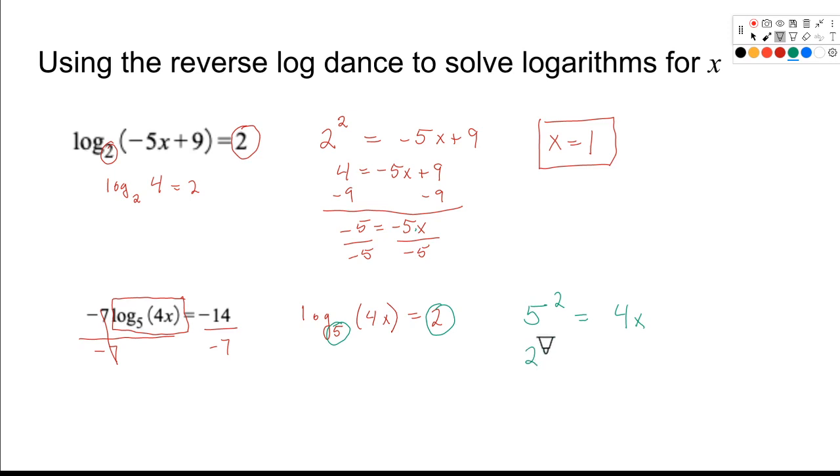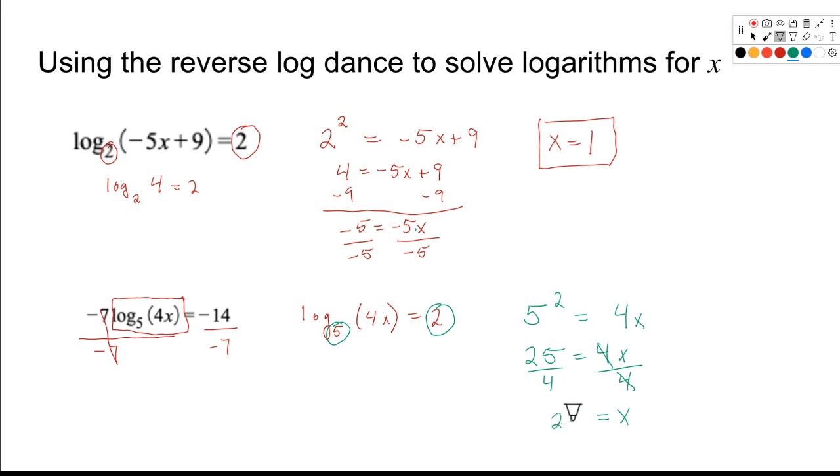And again, this gives us 5 squared. We can now do the math. 5 squared is 25. And then we just divide both sides by 4, right? Inverse functions. That's all an inverse is, backwards. 4 divided by 4 is 1, so that gives us x equals 25 over 4. We could just leave it that way.